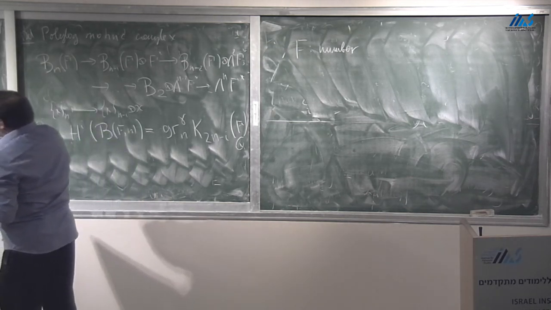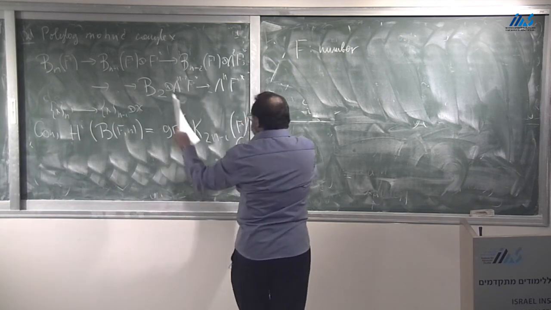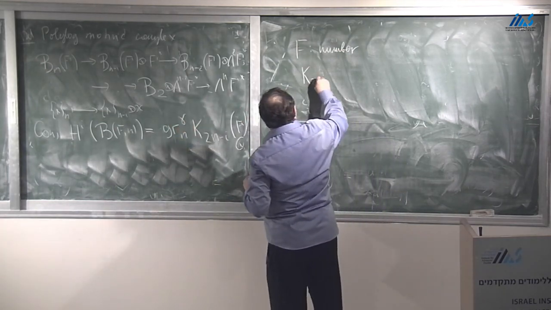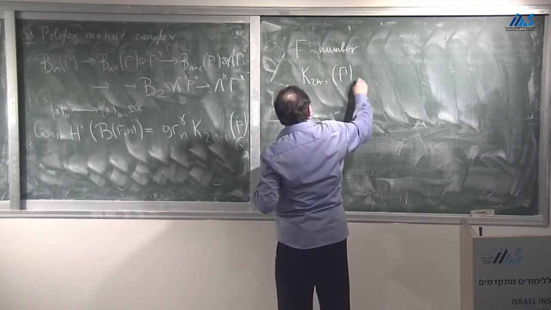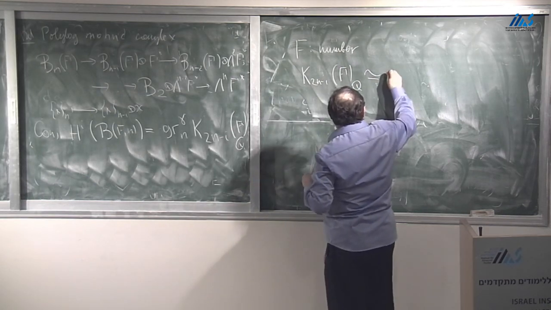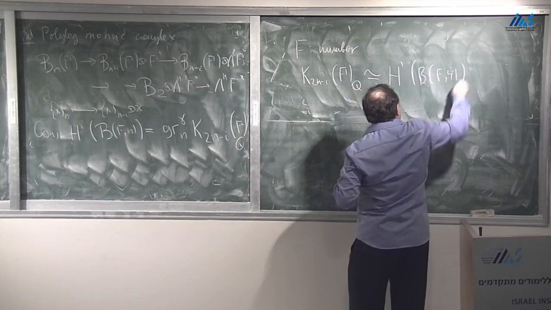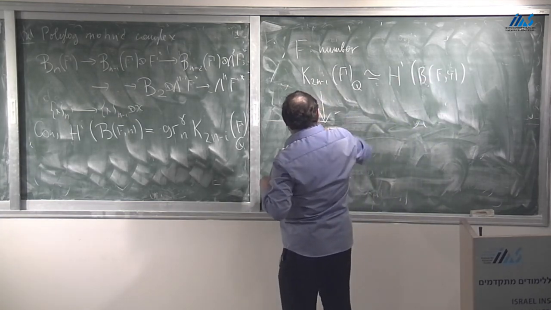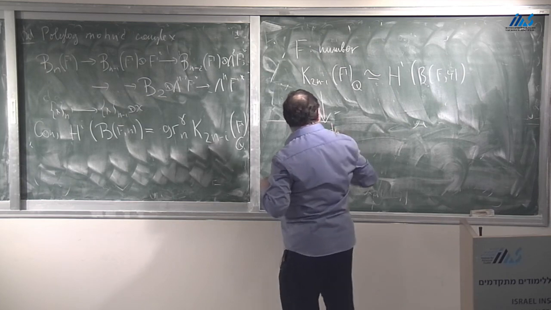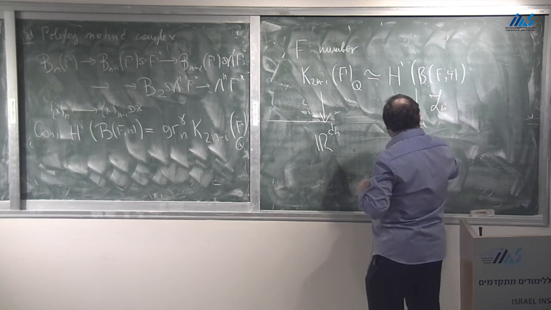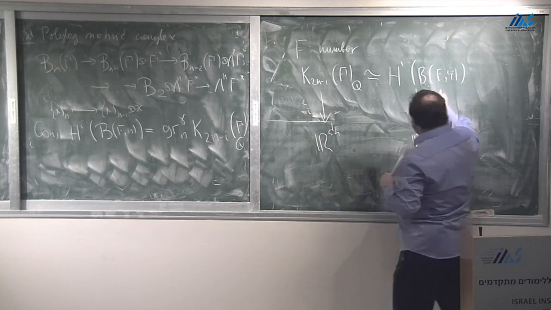And then the conjecture, in this particular case, would say that K_{2n-1} of F tensor Q is isomorphic to H^1 of the complex B_n of F. And then the regulator map to R, whatever stands here, is the one given by the n-logarithm.